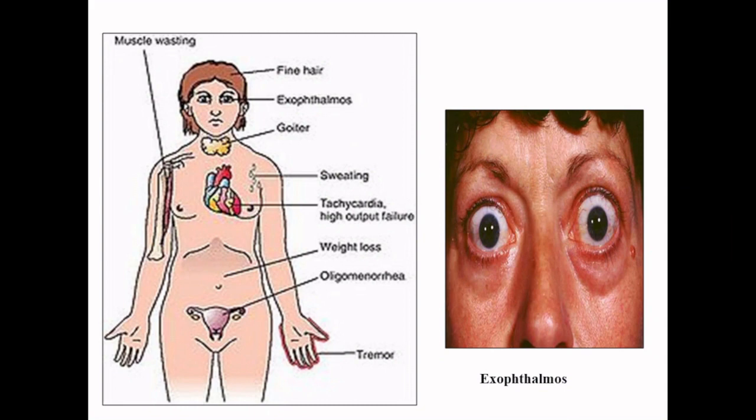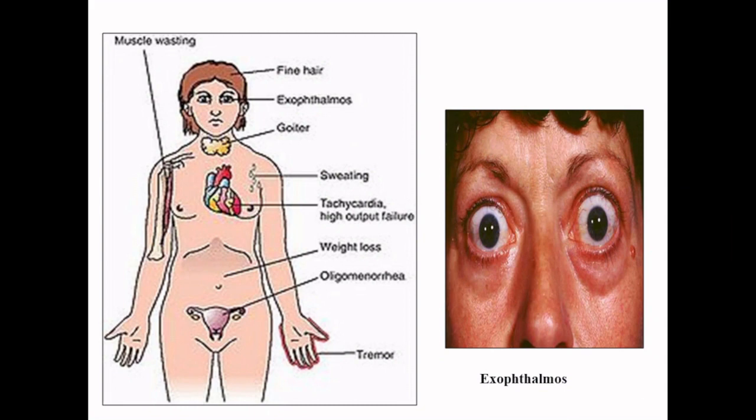Symptoms are that the patient's eyes may look enlarged because the eye muscles swell and push the eyes forward. The patient may also present with weight loss and increased basal metabolic rate. I'll show you a diagram of a patient having it.